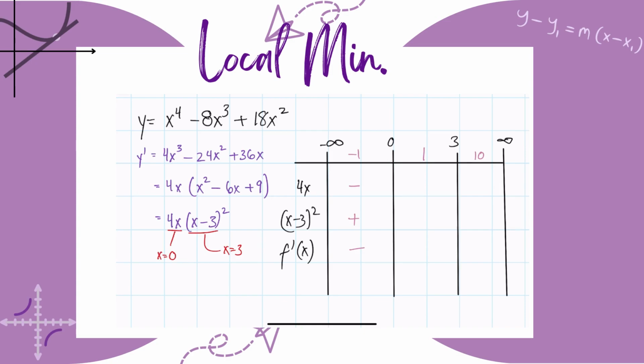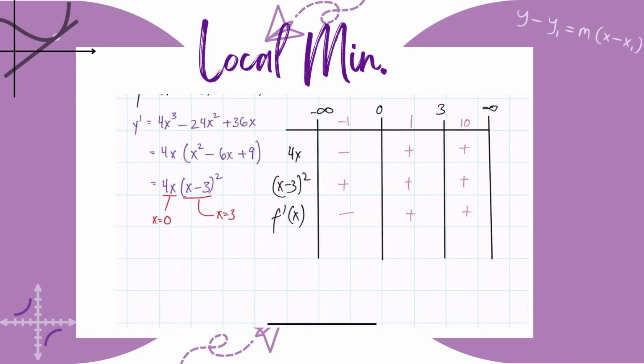Plug in 1 into all of them. This is positive, this is positive, so that's positive. Plug in 10 into all of them. That's positive, positive, positive. Okay, now we have something. So as you could see, it goes from negative to positive.